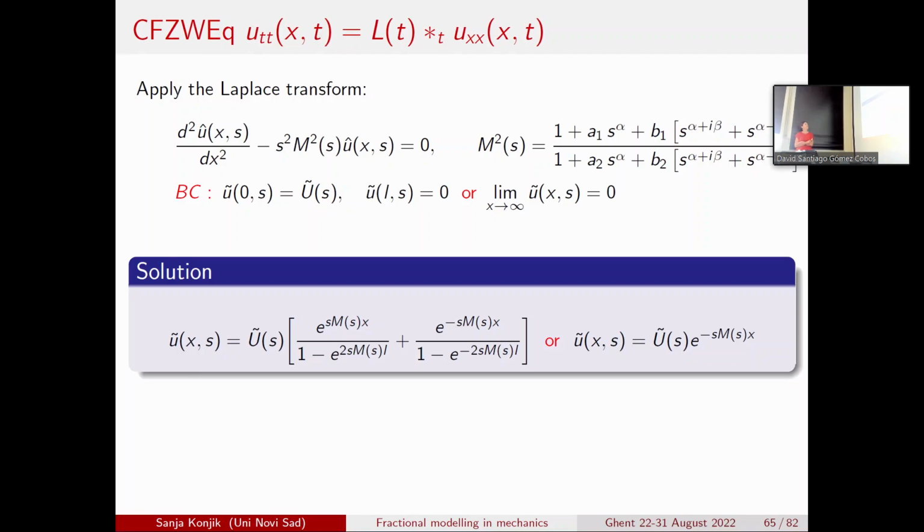And then in the case when we have a bounded domain, the Laplace transform of our solution is given by this expression, or in the case of half-bounded domain, it is given by this expression. So the question is to examine this function m, to learn everything we can about it, so to see whether we can invert it in the Laplace domain and how to do that.